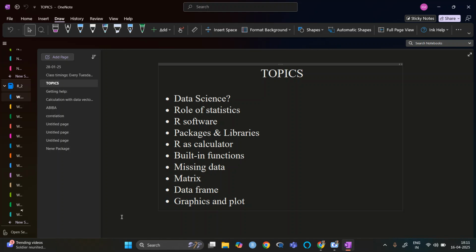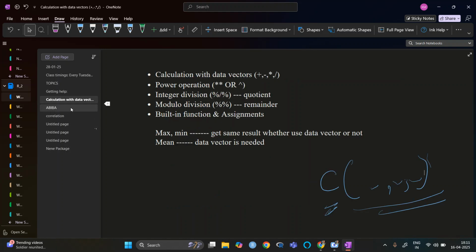What we were saying is that we have done up to built-in functions and missing data. The next ones are matrix, then data frame, and then graphics and plot.